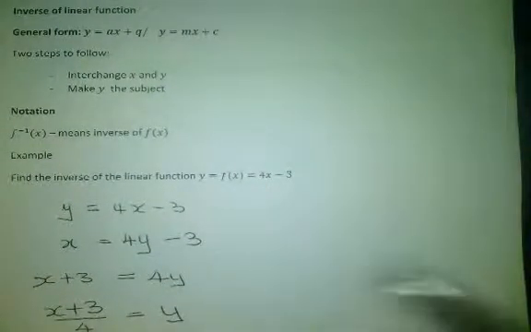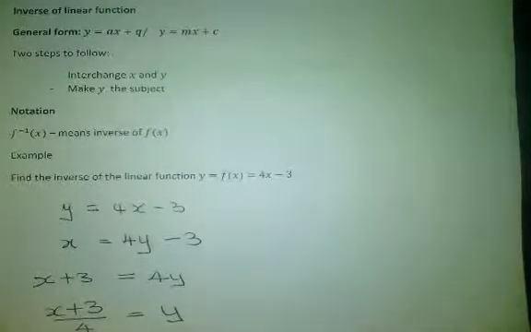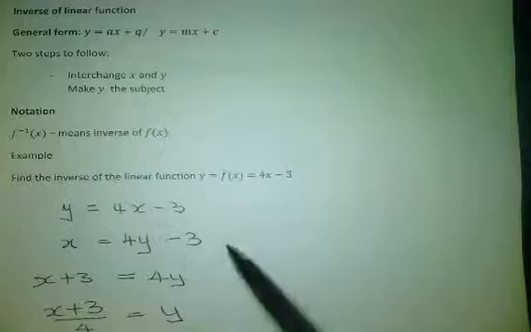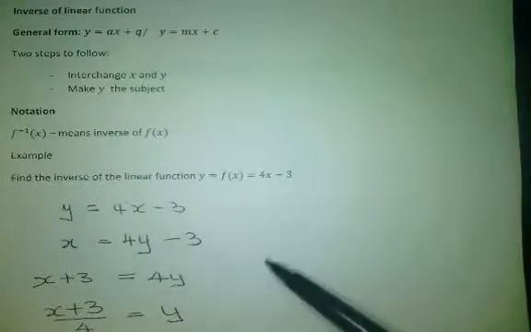We are given that y is equal to f of x, which is equal to 4x minus 3. Now, copying this as it is, the first thing we said we do is to interchange. Where there is y, we put x. Where there is x, we put y. Alright? So we have x is equal to 4y minus 3. Now, we make y the subject of this statement.